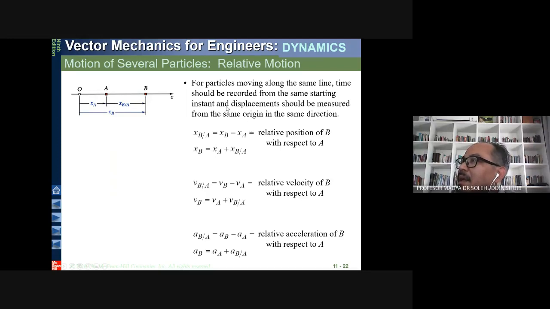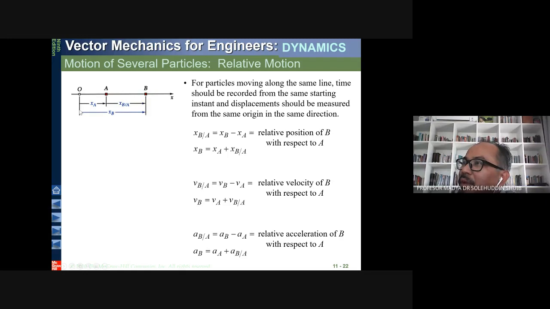How do we measure the displacement? We measure the displacement from the same origin and in the same direction.